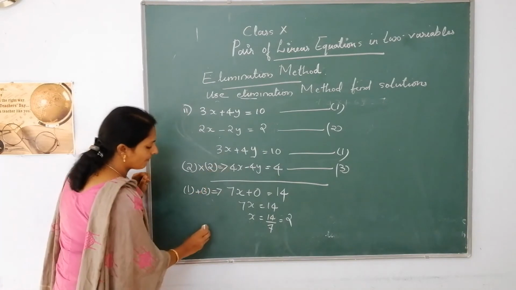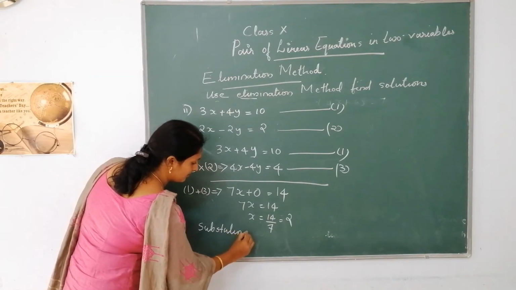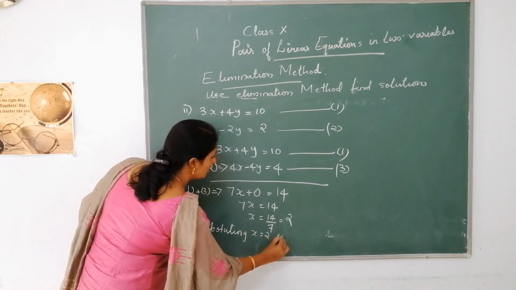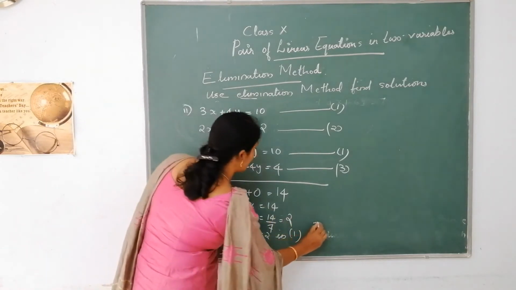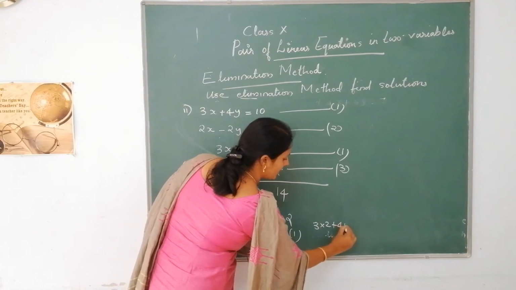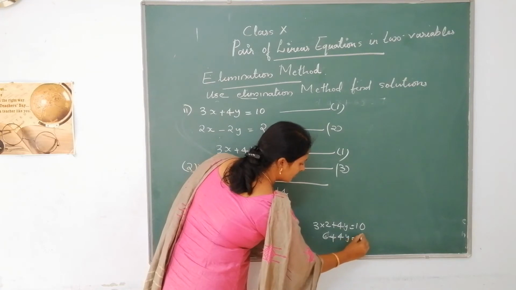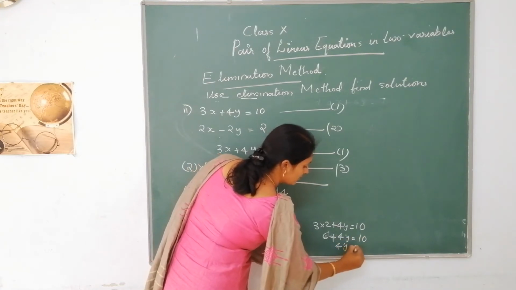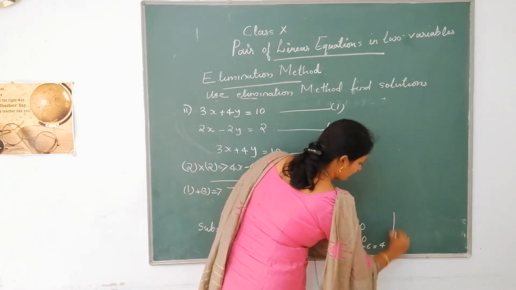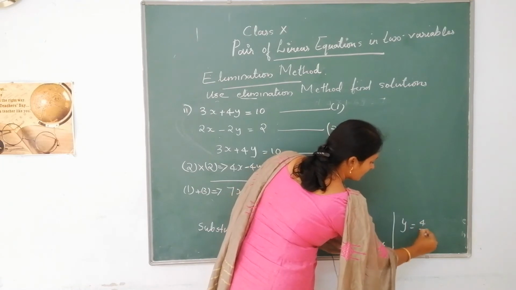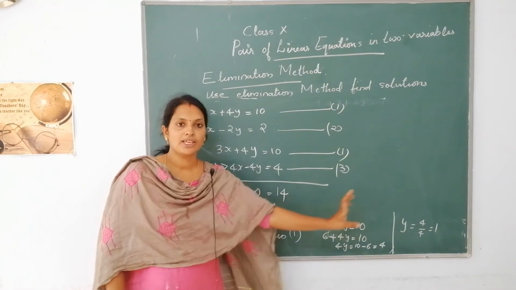Consider the first equation and substitute x is equal to 2: 3 into 2 plus 4y is equal to 10, that is 6 plus 4y is equal to 10. Then 4y is equal to 10 minus 6, that is 4, and y is equal to 4 by 4, that is 1. Therefore the solution is x is equal to 2 and y is equal to 1.